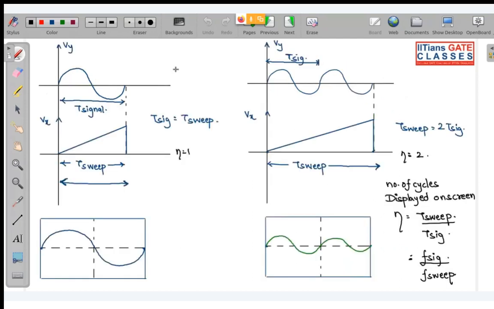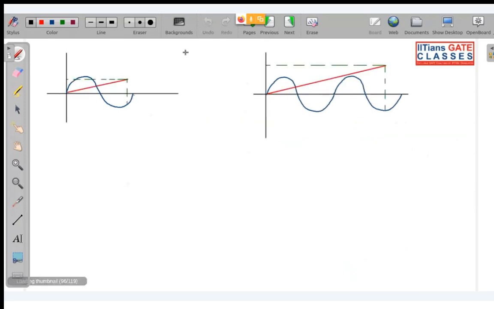In these cases I have assumed that the amplitude of the sweep signal is A1 and the signal amplitudes are A2 and minus A2, and that the magnitude of A1 is always greater than or equal to the magnitude of A2. I have always assumed this. What happens if this is not the case?